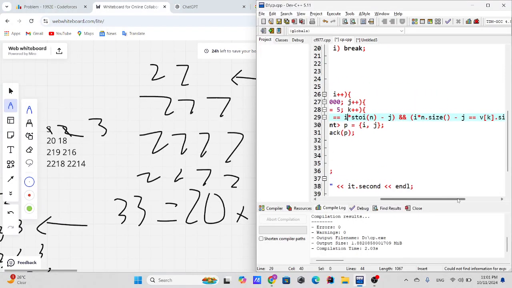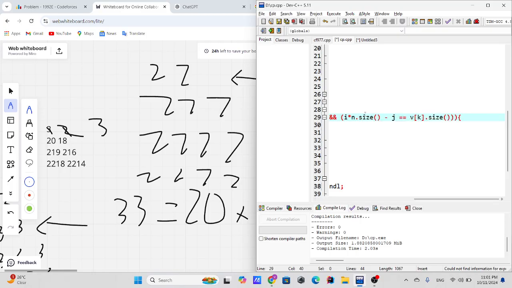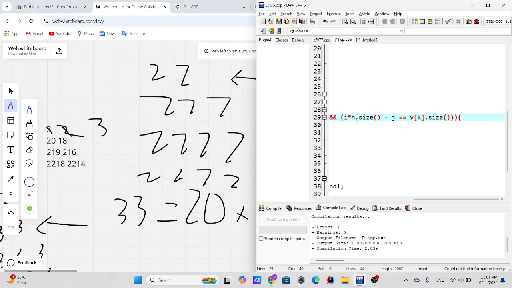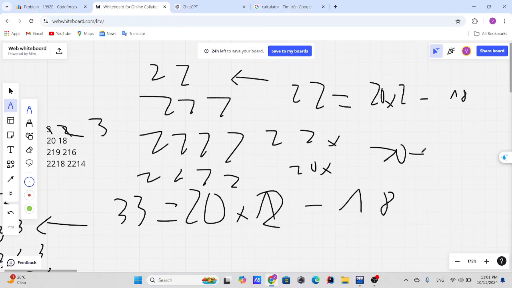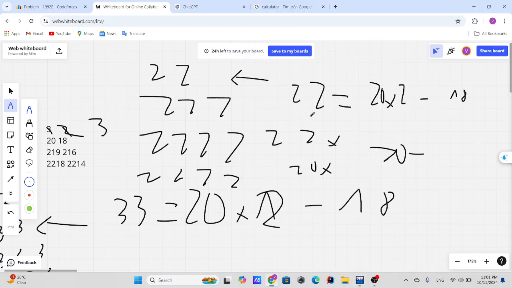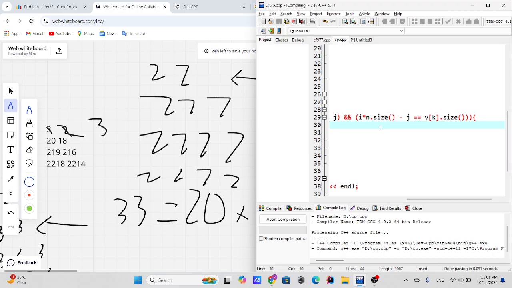And 22 multiplied by... no, 20 multiplied by n dot size. That's 1, right? 20 minus J. What is J? 18 is 2. Yeah, that's true. So why isn't it running?